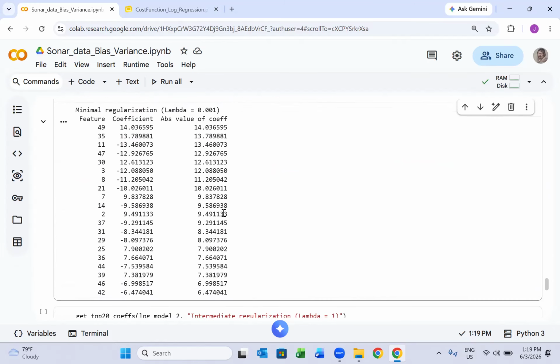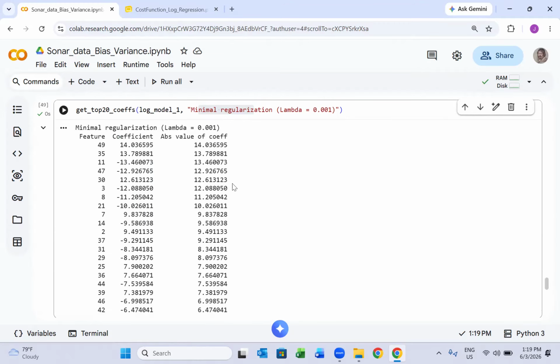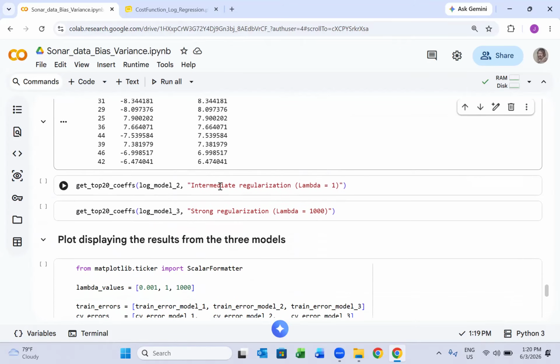But even if we scroll down and start getting closer to the features with ranking close to 20, even in that case, all the coefficients are above 5. So keep that in mind. So for the top most important features for model number 1, coefficients are above 10 in absolute value. But even when we get close to ranking 20, the absolute value is above 5 for all the features, okay? Let's see what happens with model number 2, which is intermediate regularization.